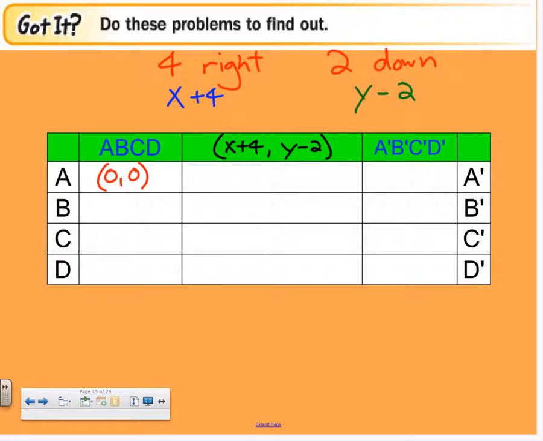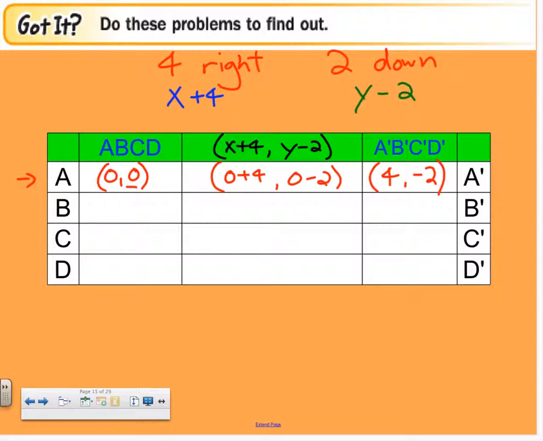So now what do we do? Now I take every single one of my vertices and I run it through this formula. So instead of x plus 4, I'm going to use my new coordinates here for A, and I'm going to write 0 plus 4. And the y is 0, so I'm going to say 0 minus 2. My new coordinate, 0 plus 4 is 4, and 0 minus 2 is -2. Now I have the new vertex, or A prime.